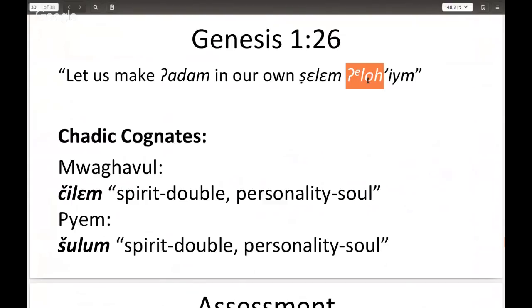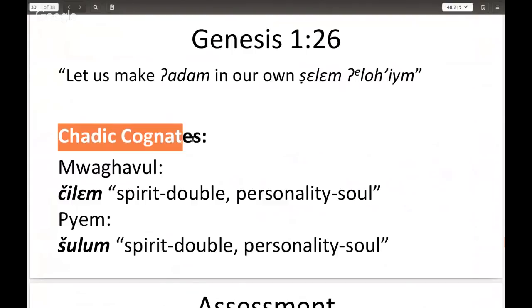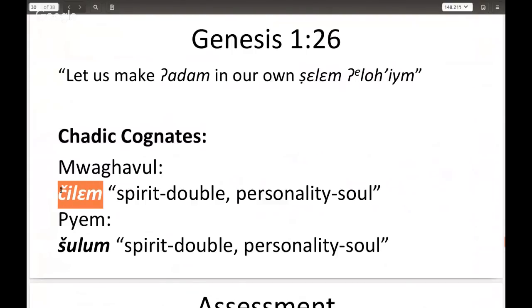But El is the singular God. And so this word here, tzelem, finds cognates in the Chadic languages. And so it's Chelim, spirit double, personality soul. In the Payam language, Shalom, spirit double, personality soul.